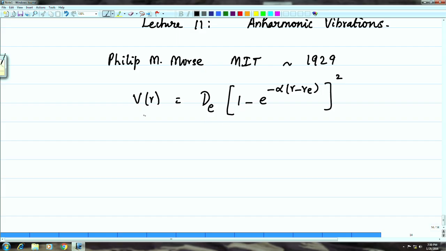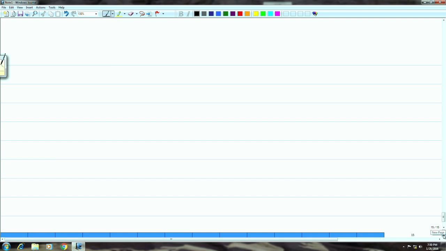Okay. So, the potential energy has a very specific form due to the exponential, and alpha is a constant, which we shall see in a minute how it is identified with the harmonic oscillator frequency. Okay. Now, it is important to visualize this potential energy first to understand why it is meaningful.